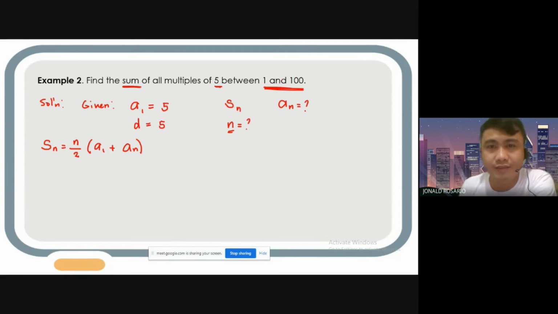Between 1. Kasama ba si 100? What do you think? Anyone? Pag sinabing between 1 and 100, is it inclusive or exclusive? Kasama ba si 100? Anyone?